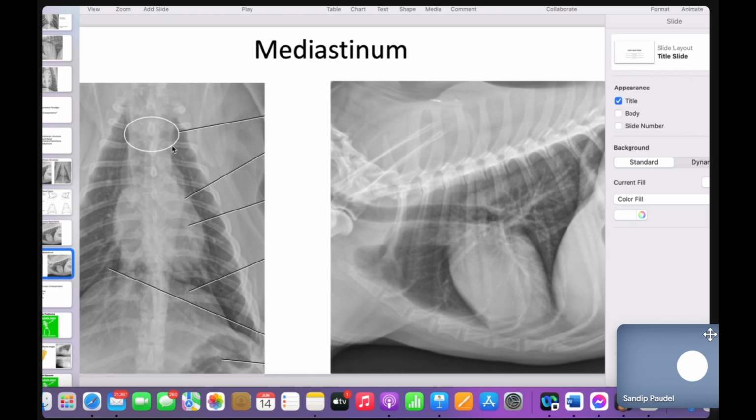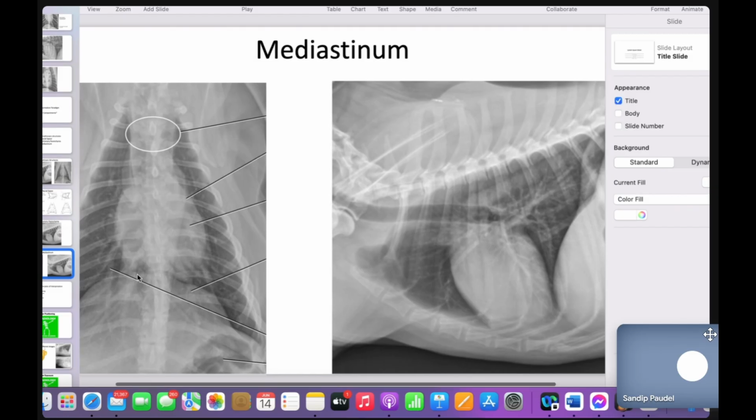It is the space where the heart stays, and the upper area where the trachea and everything is. At least we need to understand right here. This is the margin of the mediastinum, and right here this is also the margin of the mediastinum that we can clearly see. Down here also, it always runs from cranial to caudal, and all the organs other than the lung tissue stay in the middle within the mediastinum.